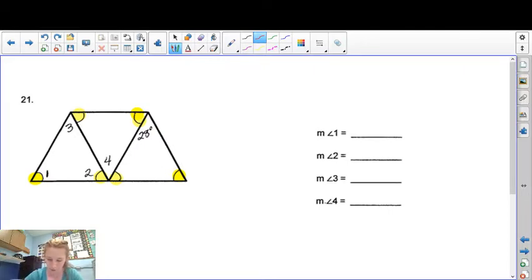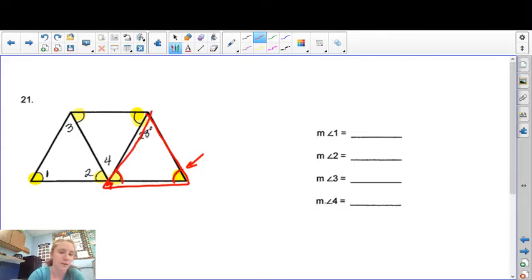But I have to work over, in order to deal with angle 1 and 2, I have to deal with these angles because I have nothing in the triangle on the left at all. These are all angle names. Angle 1, angle 2, angle 3, and angle 4. So I have to work with this triangle first.